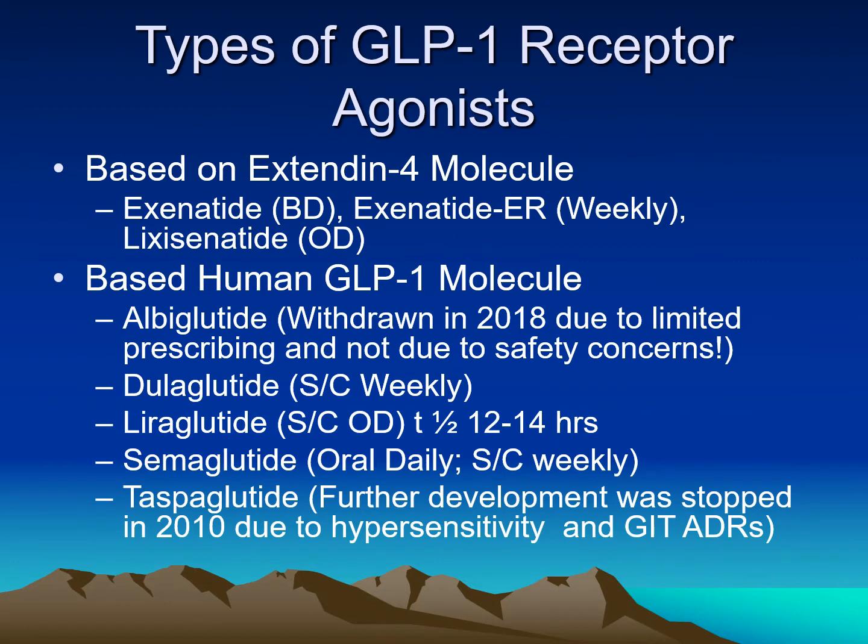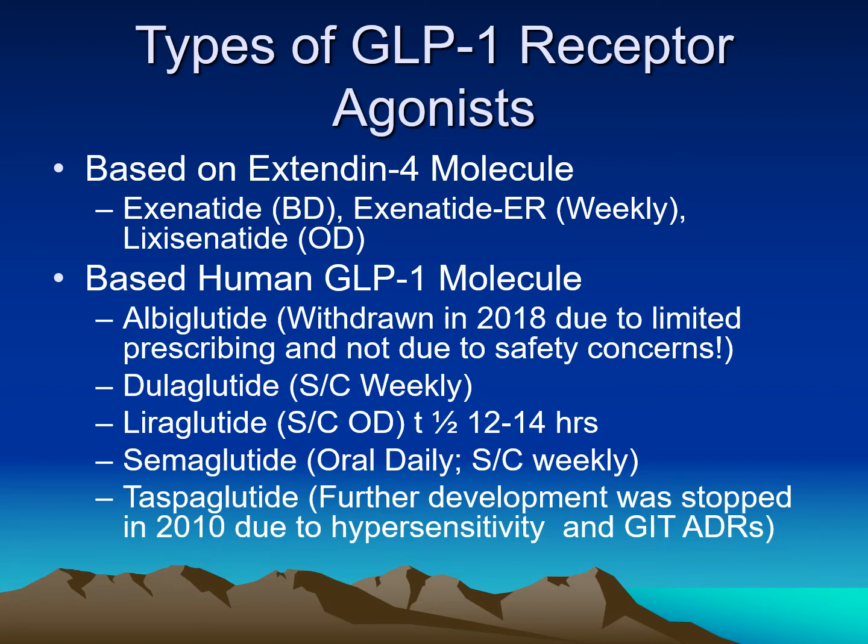Now, among the agents which are available, I have classified them into two groups. One group is exendin-4 molecule based drugs, and second is the structural modification of the human GLP-1 molecule. Among the exendin-4 molecules, 3 agents are there: exenatide, the original one, exenatide ER, which is long-acting, and lixisenatide, which is once daily.